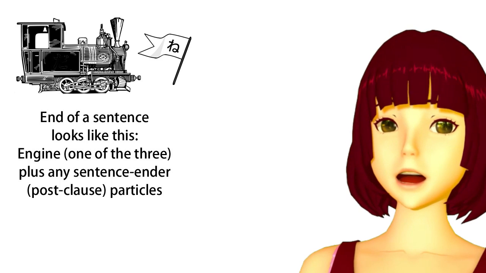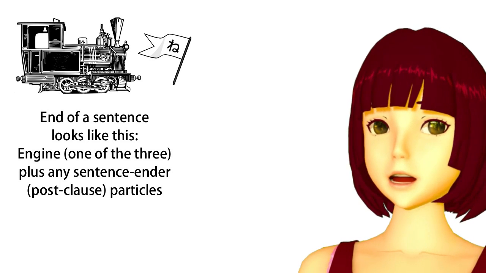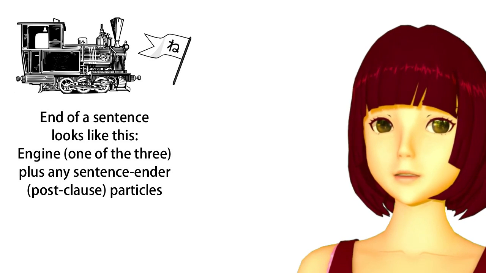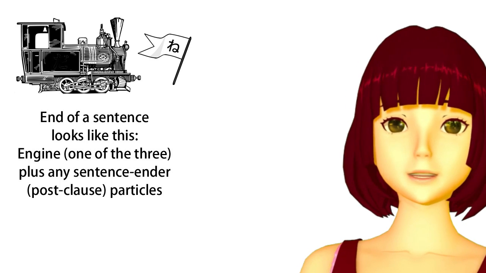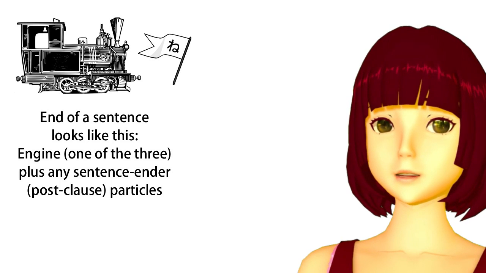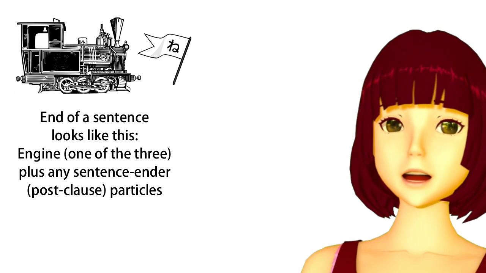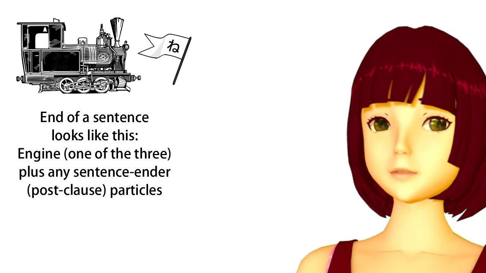The final engine is the end of the logical sentence, and the ender particles are just a little add-on that we put on right after the end of the sentence. So it's very easy to find the end of the last logical clause in a sentence, or the end of the entire logical clause if there is only one logical clause in the sentence.